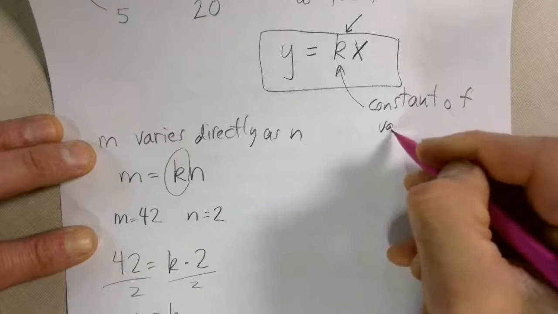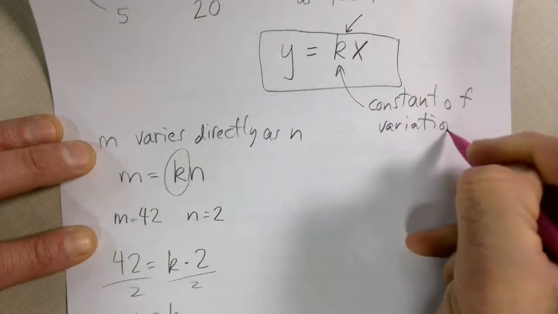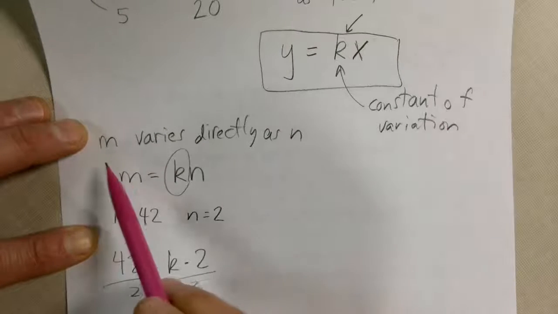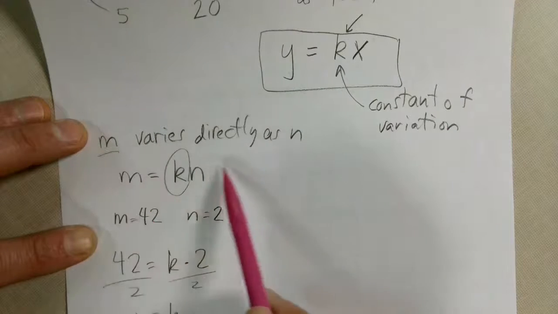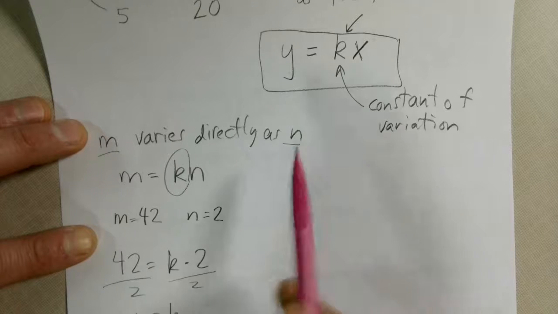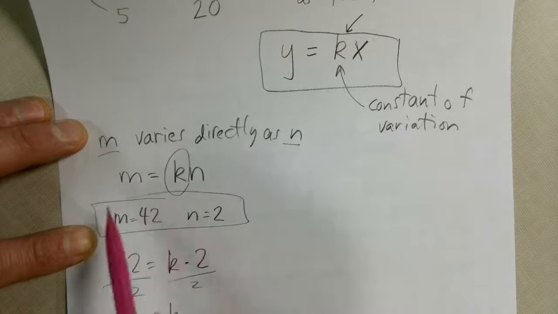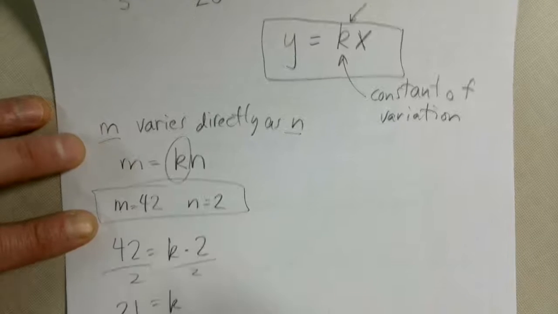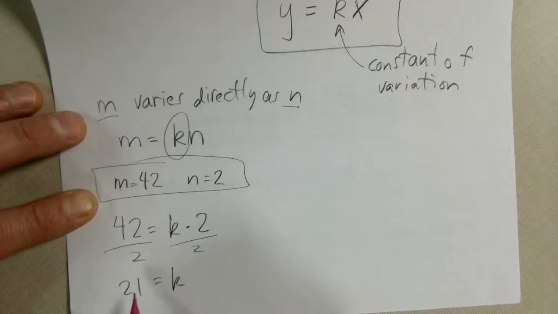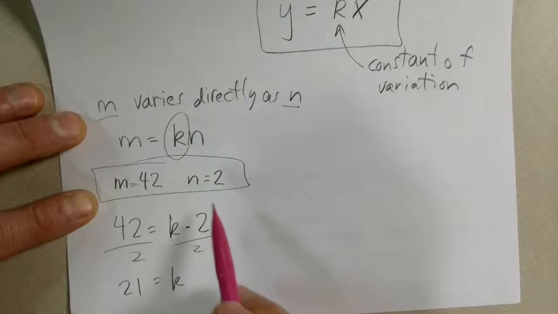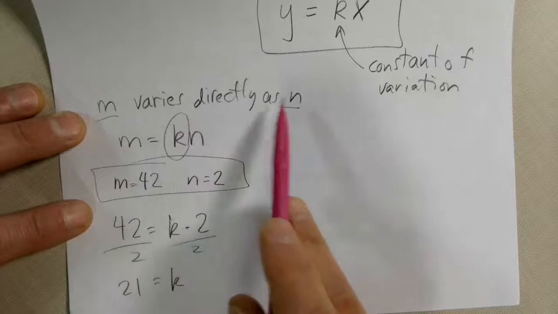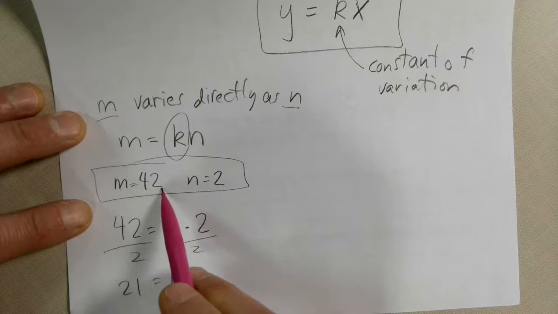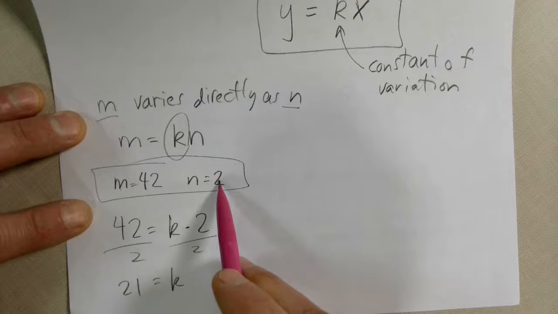So can you find the constant of variation if I tell you that two quantities vary directly, and then I give you an example set of the two numbers? Yes, you can by plugging it in. See, K equals 21. Now, suppose I say M varies directly as N, and M is 42 when N equals 2.